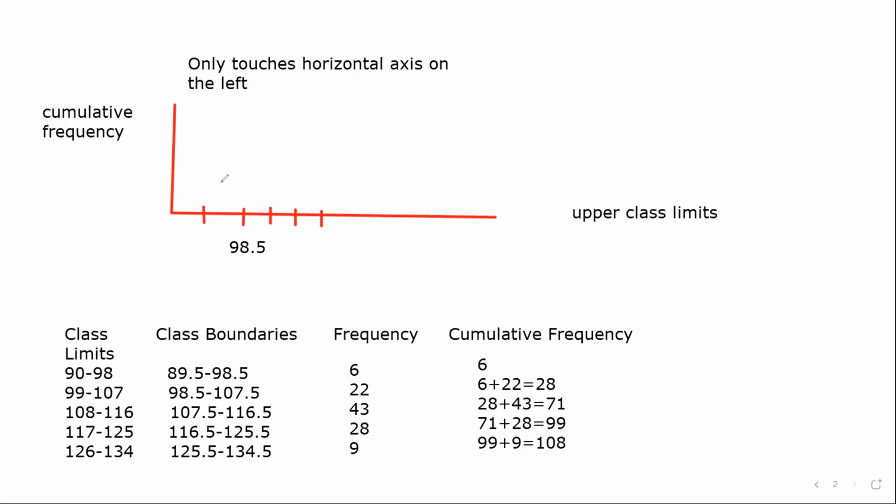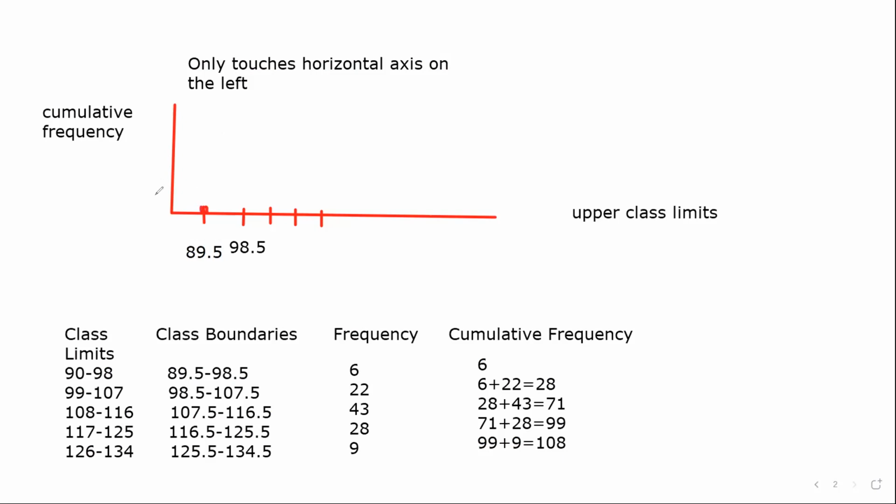But you're correct, I'm going to need 89.5 here. This is 89.5, and this side, remember I told you the left side is closed. This is going to be where your 0 is at.